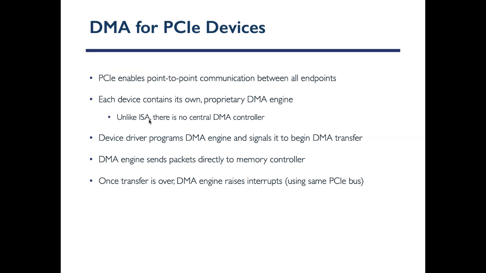So all you do is tell your device to write a bunch of data to memory, and then the DMA engine inside your device will start talking directly to the memory, writing and reading data to and from memory. And once it's done, it just raises an interrupt saying that the transfer has finished.